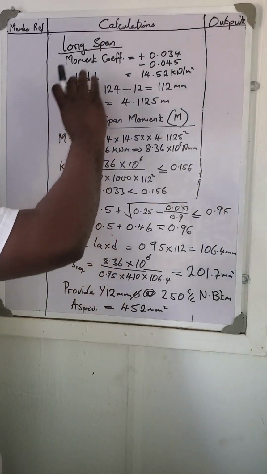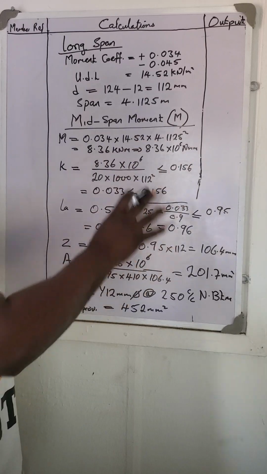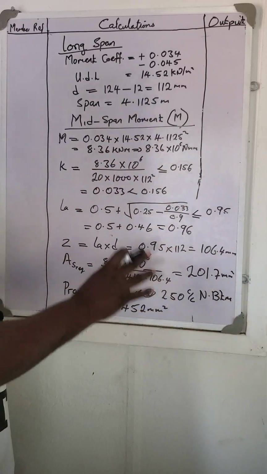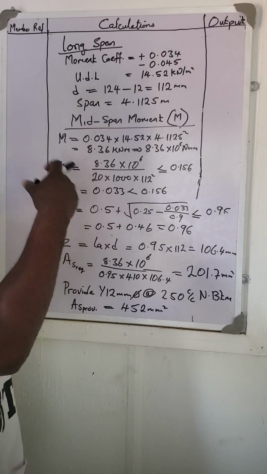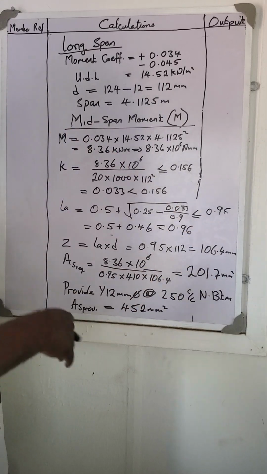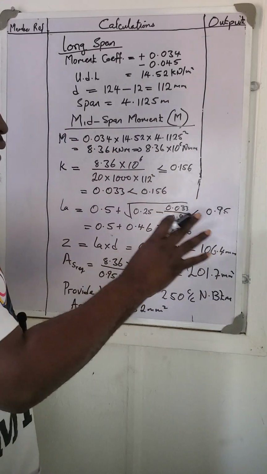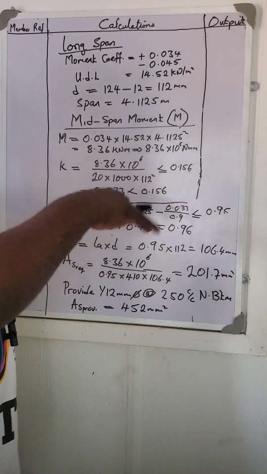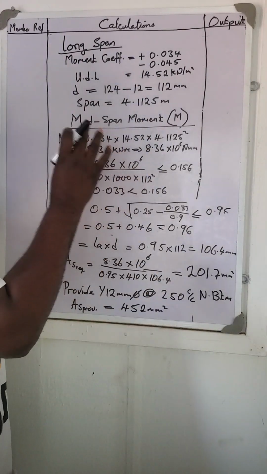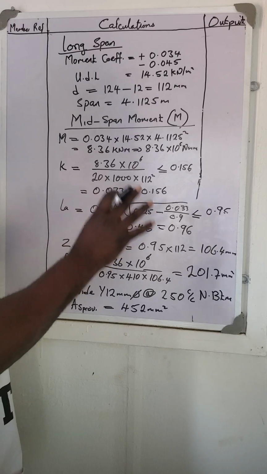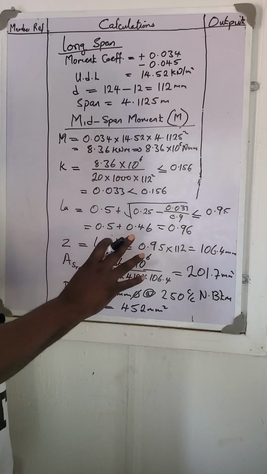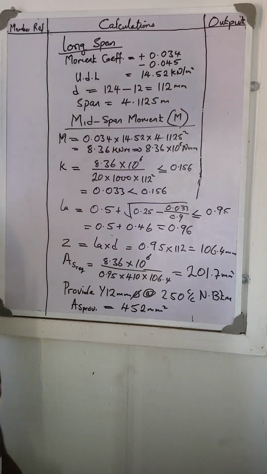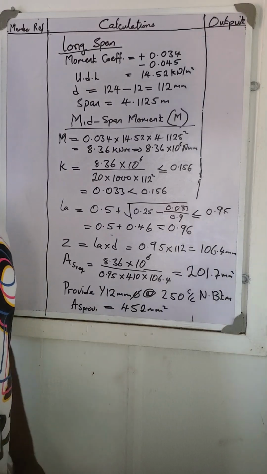Subsequently, we will calculate for the deflection to know if the structure is safe. Then we move to the continuous edge. Thereafter, we move to panel 2. We will be analyzing all this while they are panel 1, to make sure that panel 1 is safe. So that is that for today. Thank you and God bless.